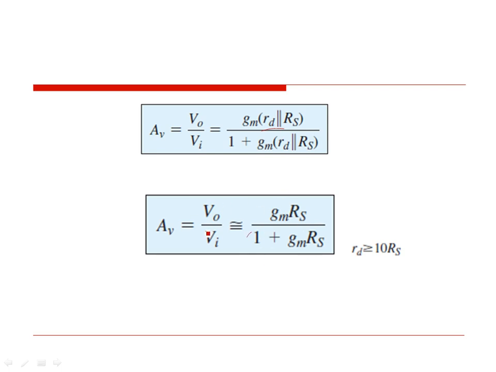If RD is 10 times greater than RS, then you can consider this parallel combination to be equal to RS, and Gm RS divided by 1 plus Gm RS is the voltage gain expression.